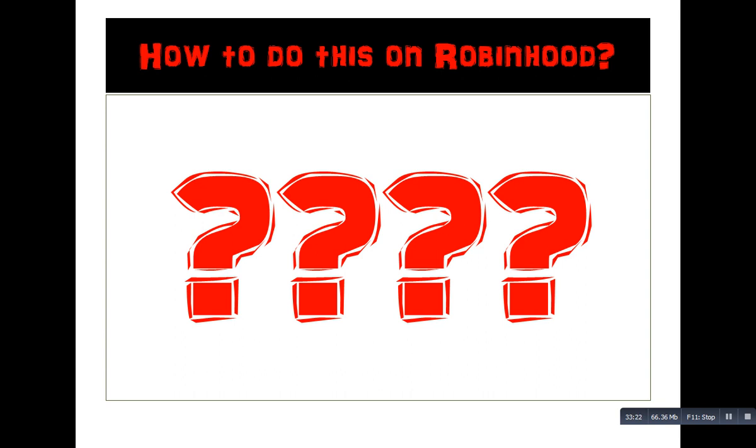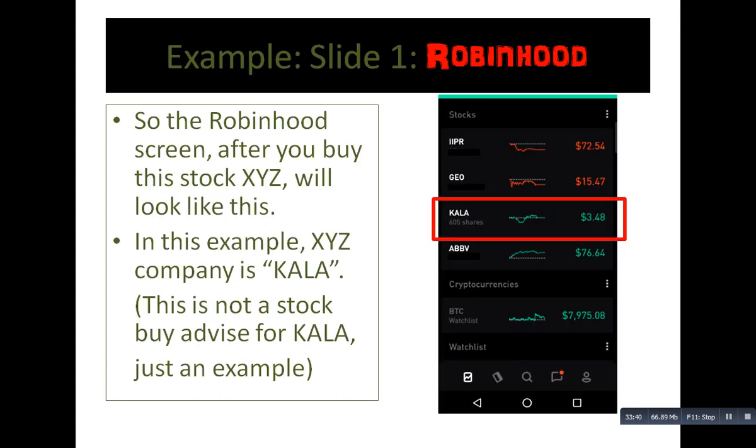Now, you can use any investment tool. Most brokerage accounts offer it. However, for this video, we'll talk through Robinhood and I'll walk you through that step by step. So first, in our earlier example, we said we are going to use the stock of company XYZ.